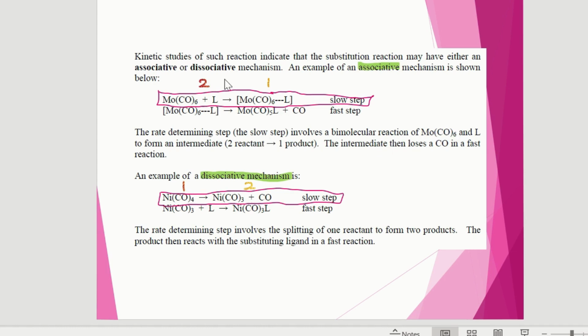At the first step they have two reactants that form an intermediate. So we classify it as two reactants to one product at the slow step. Usually the slow step is the rate determining step of the reaction. The intermediate then loses carbonyl in a fast reaction.